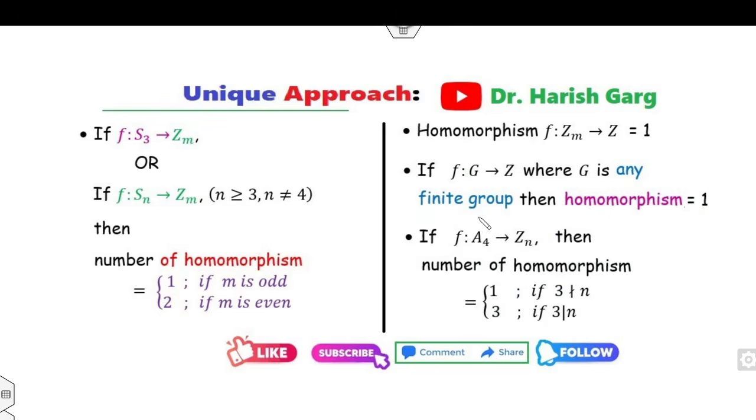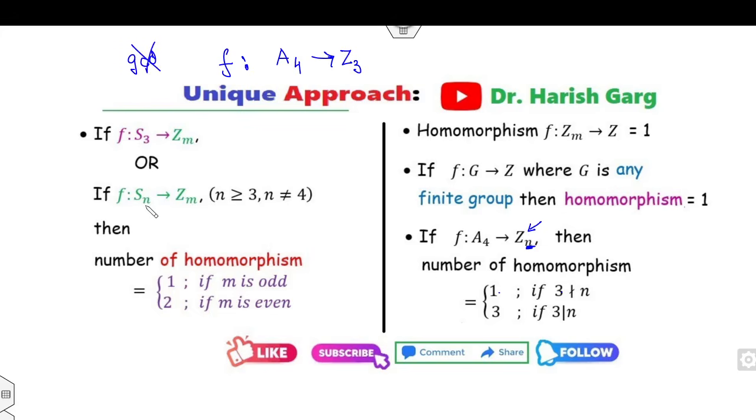Now, if you have the alternating group A4, how many group homomorphisms from A4 to Zn? It is 1 if 3 doesn't divide n and 3 if 3 divides n. For example, A4 to Z3, how many group homomorphisms? Because they are not from Z4, you are unable to define the GCD.